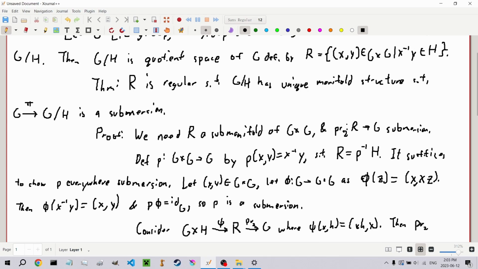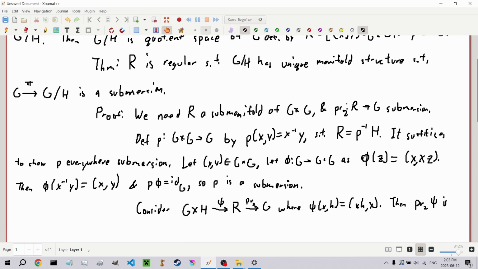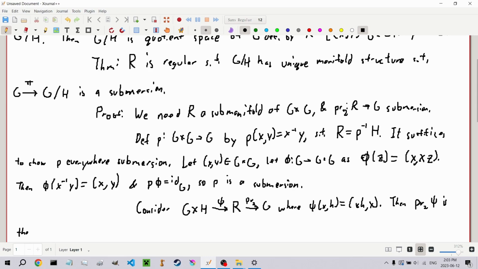Then the second projection of psi is the projection on G, which is a submersion. As psi is surjective, PR2 is a submersion.